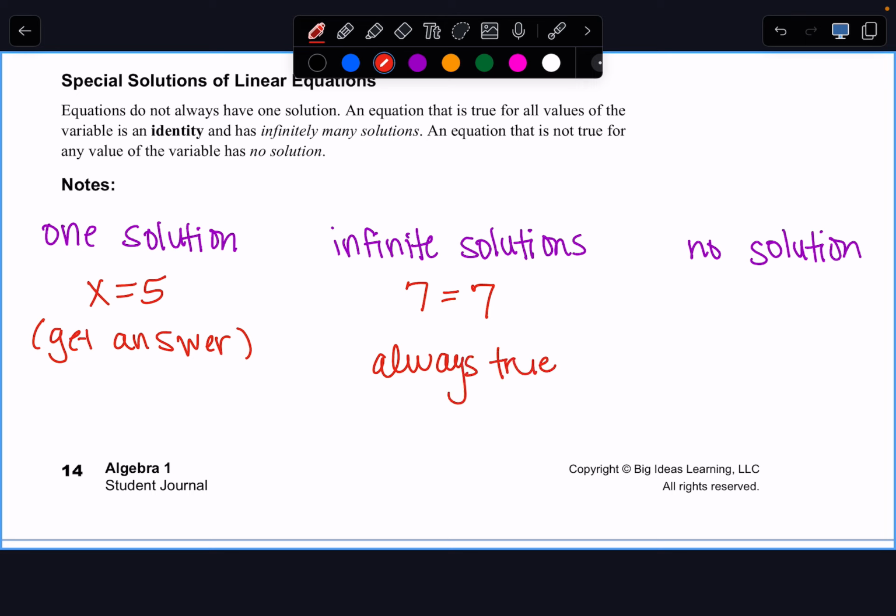But if our x's cancel out and we get something like this, how often is 0 equal to 5? Never. If we get an untrue statement or an untrue result, we're not going to have any number that we could plug in for x to make our equation true.